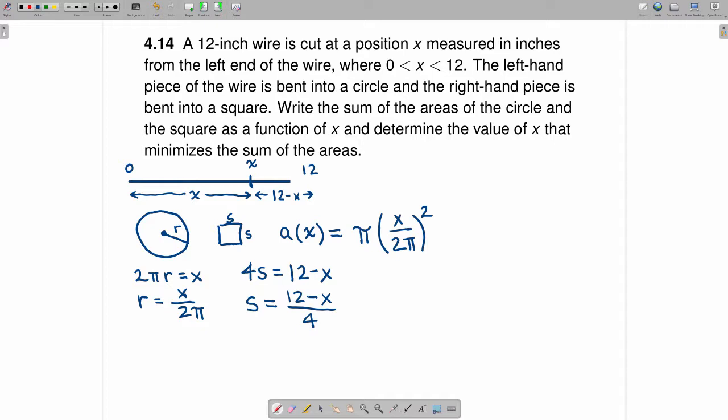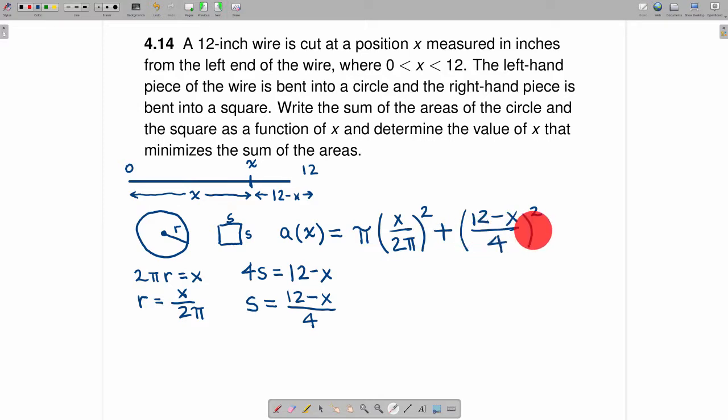We want to add in the area of the square, and if we know that the side length s is 12 minus x over 4, in order to get the area of that square, we need to take 12 minus x divided by 4 and multiply it by itself, which is the same as squaring it.